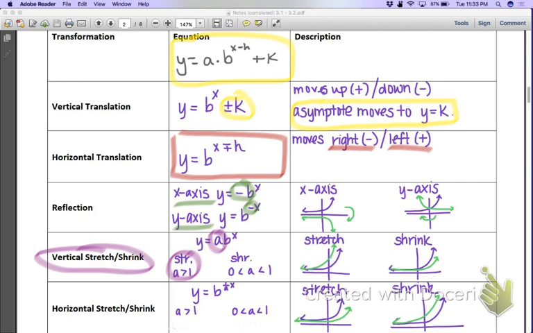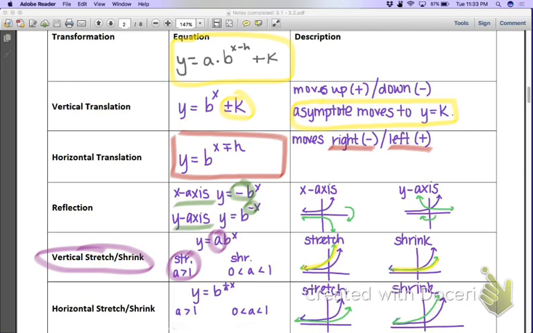If it's negative, it'll flip, and then the stretch or the shrink is all dependent on what that value is. Whenever we stretch vertically, like we have it here, it's going to get pulled up higher, whereas whenever it's a shrink, it's going to get pushed down.